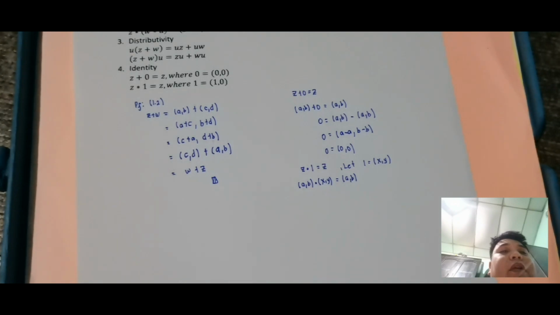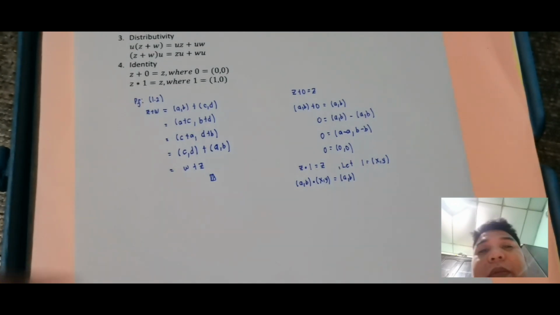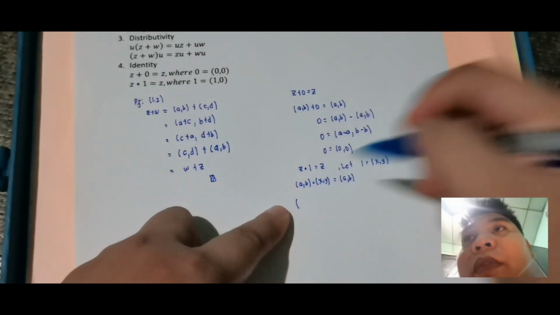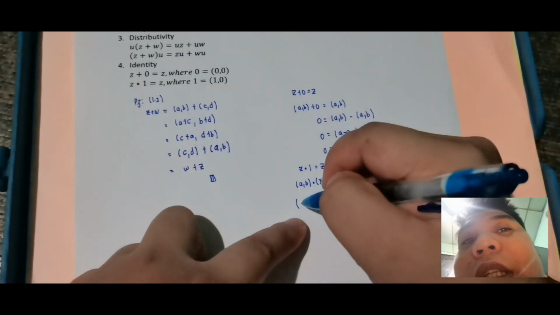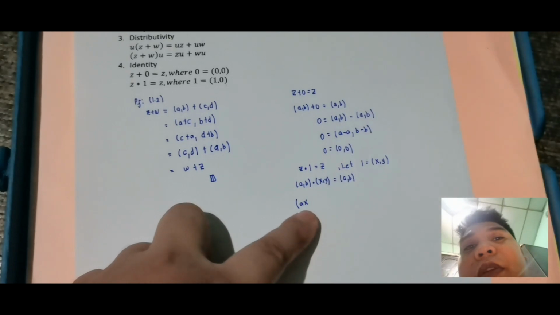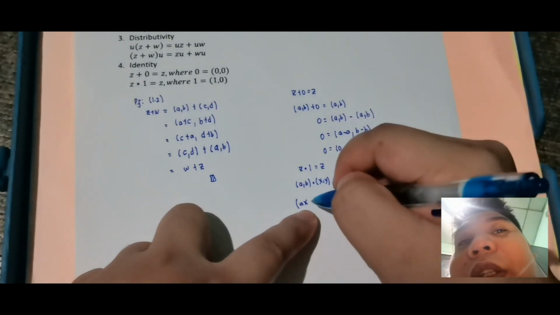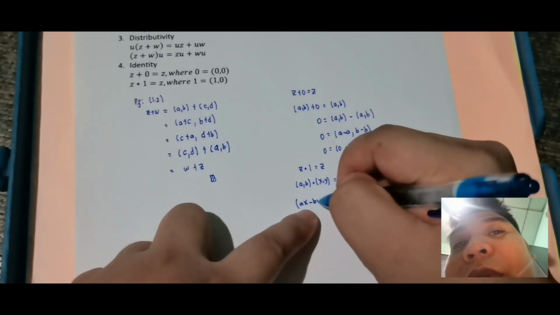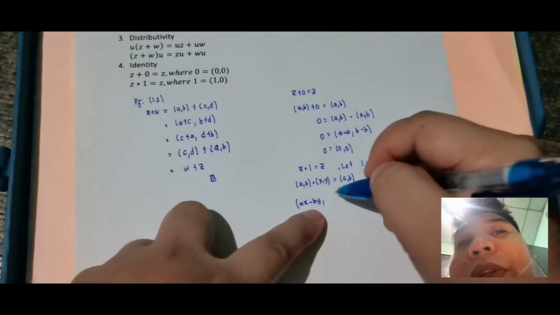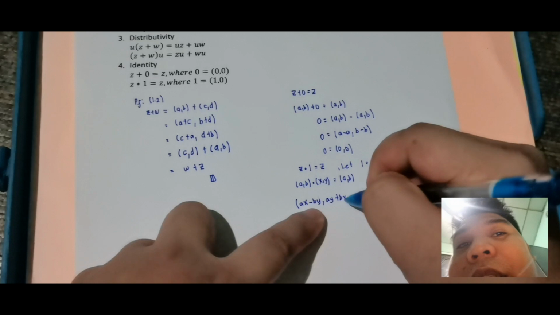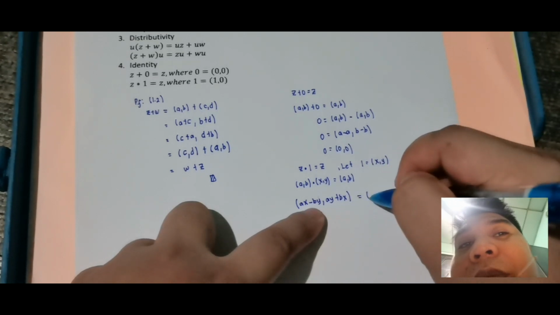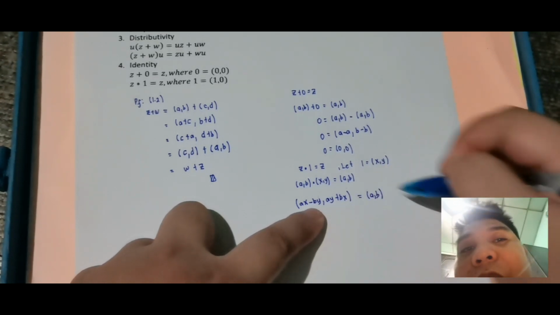Okay, next sundin natin yung process ng multiplication pag in RCF. So, that is first coordinate, product ng first coordinate, that is AX. Okay, minus product ng second coordinate, that is BY. Okay, outer, then inner. So, that is AY plus BX, so equal sa (A, B).